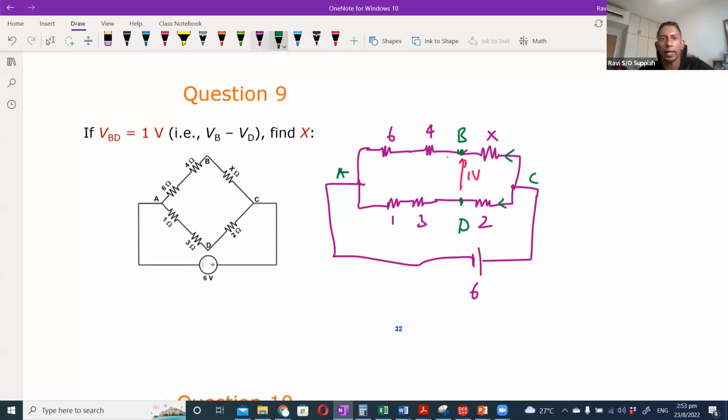So I can calculate the current I as 6 over 1 plus 3 plus 2, which should be 1 ampere. That is the first thing. We know that the current is 1 ampere.